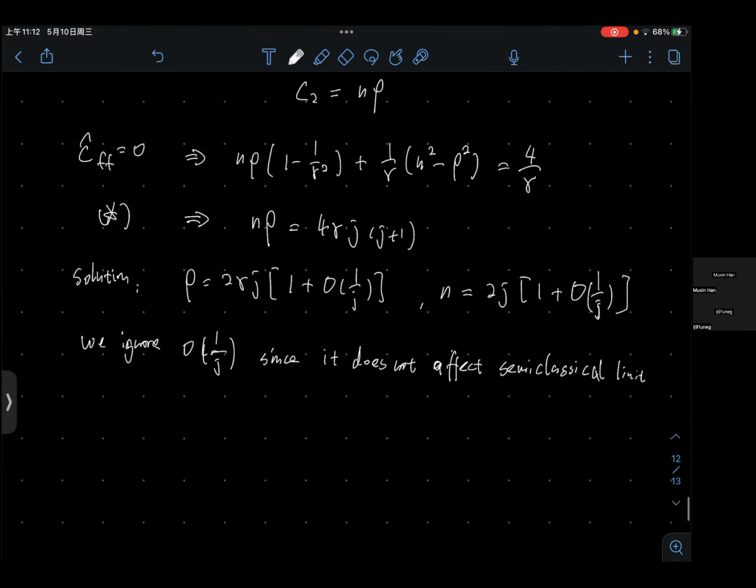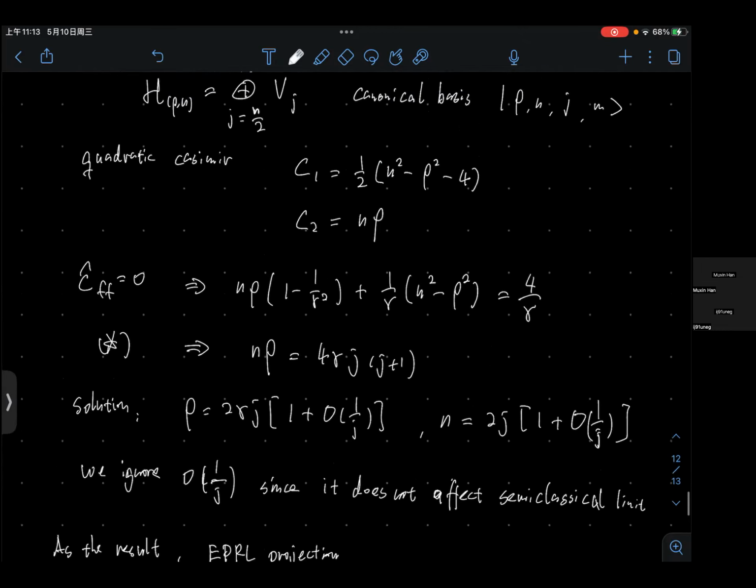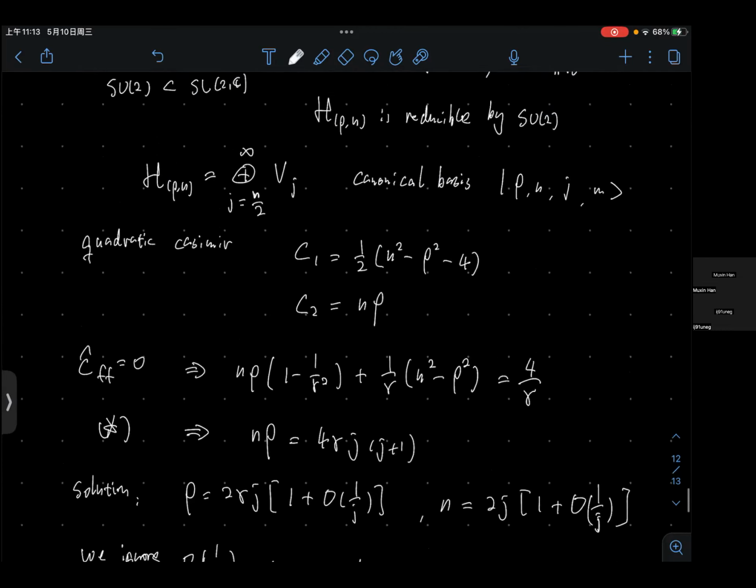All right. Now, this is the solution of the simplicity constraint. So as the result, what we get is what I would call the EPRL projection. Yeah, it means that we project out all the states inside this irreducible representation except the lowest level in this Hilbert space.